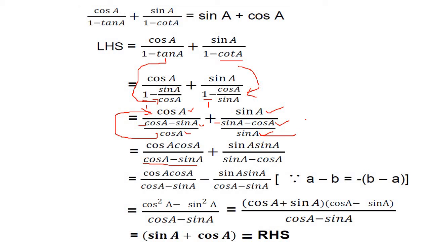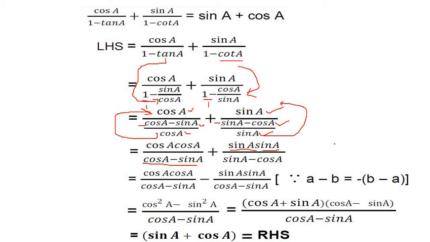Then this sin A goes to the numerator. It becomes sin A into sin A. Now the cos A into cos A as it is. Here in this term, let us take minus as common.